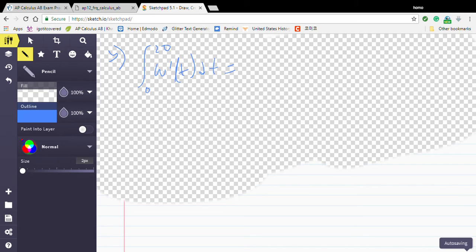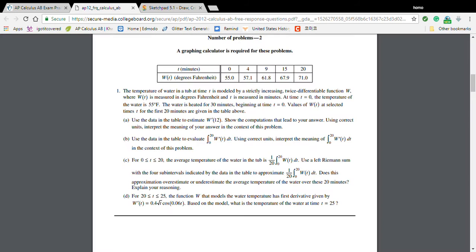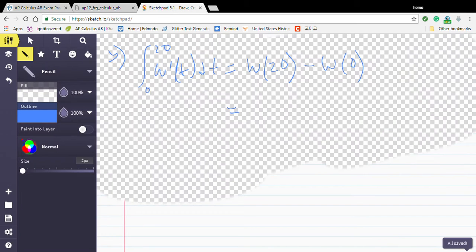So this is where our fundamental theorem of calculus comes in. W of 20 minus W of 0. So that is 71 minus 55 equals 16 degrees Fahrenheit, because we took the integral of it.